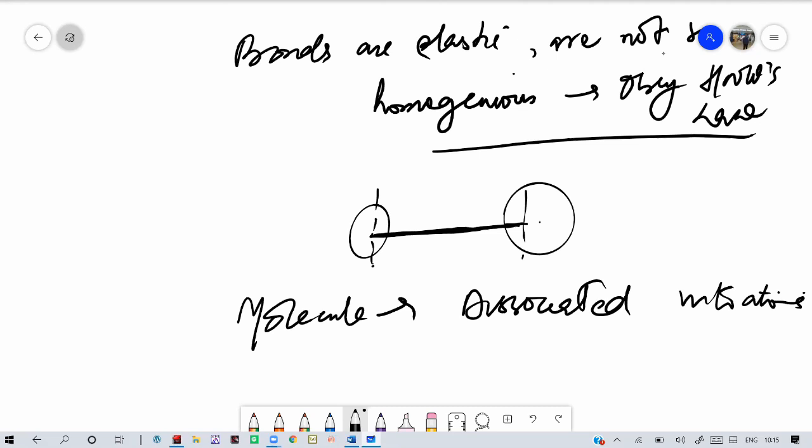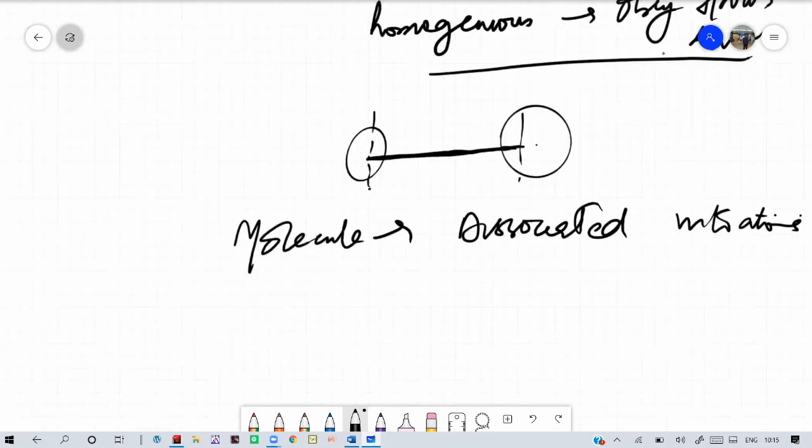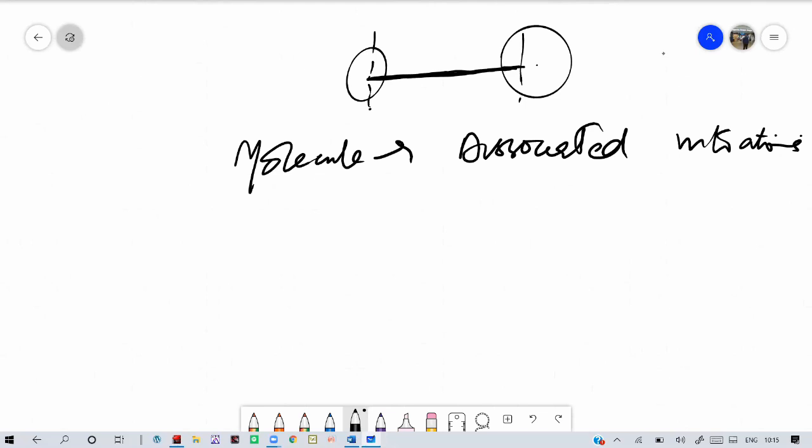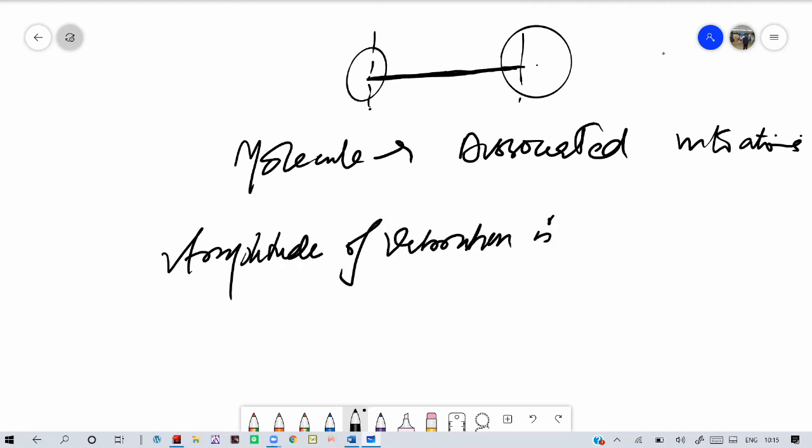So what happens then? How do we analyze the vibrational spectra at that time? That means the amplitude of vibration is large. And in this case, the bonds are broken down.